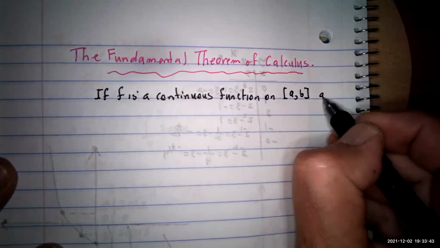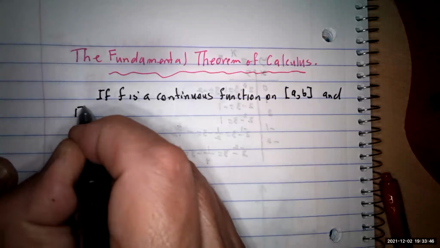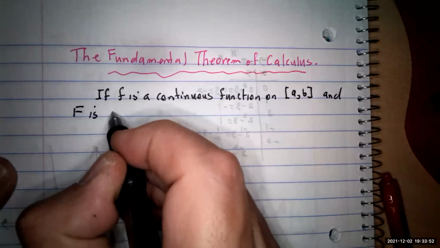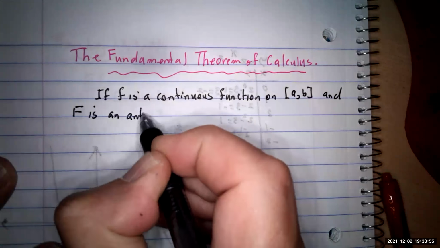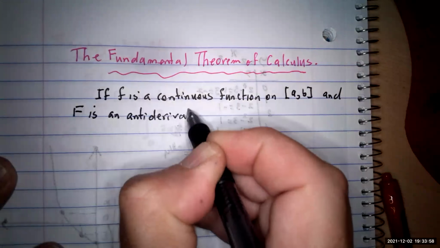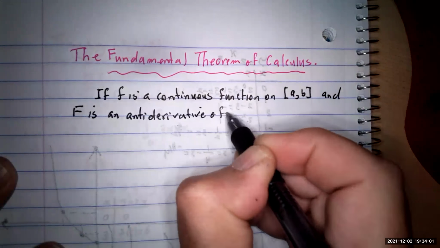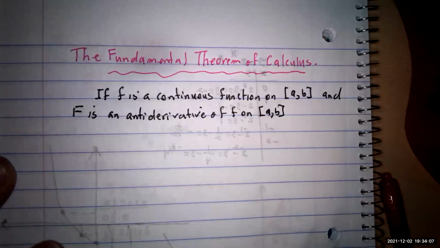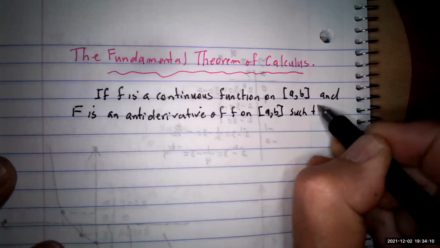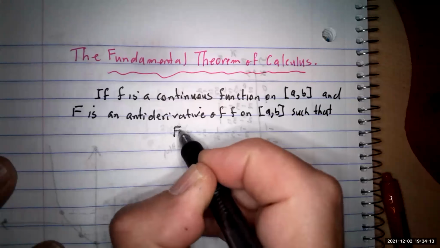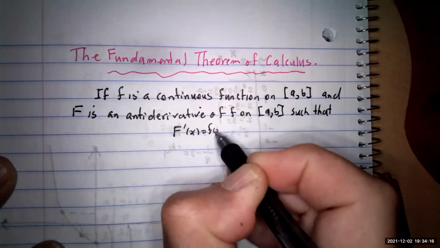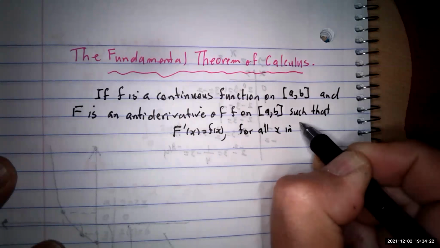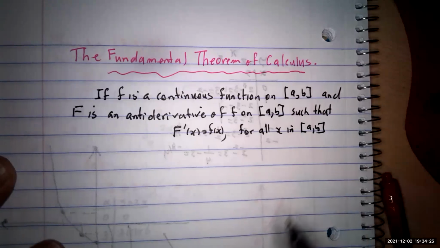And capital F is going to be an antiderivative of f on the closed interval of a and b. You know that antiderivative means such that F prime of x is equal to f of x for all x inside a and b. That's the definition of antiderivative that we did before.